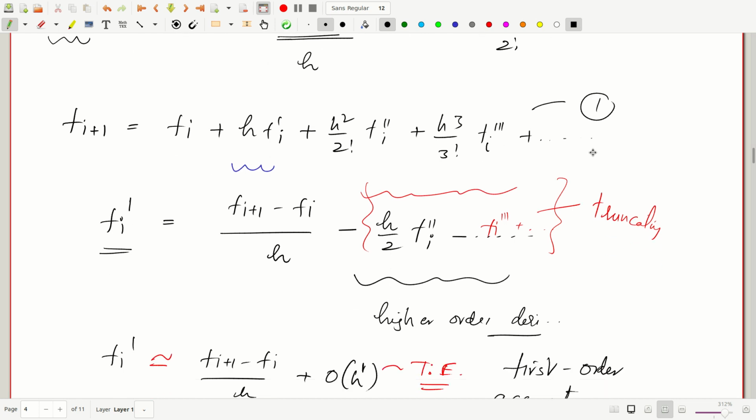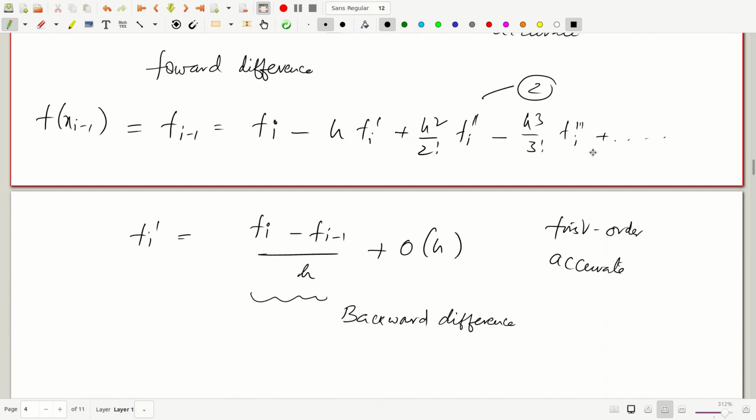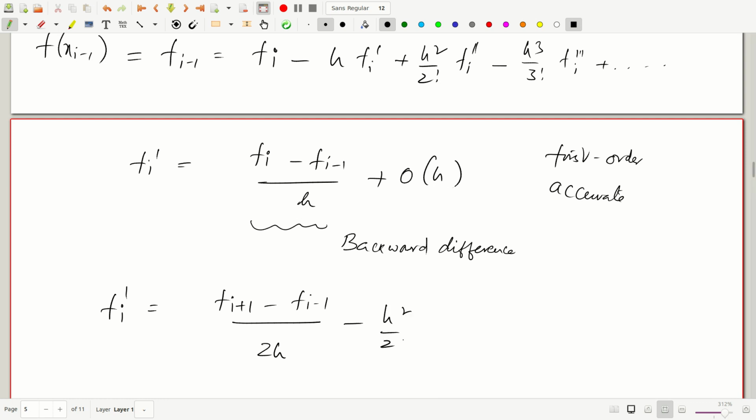By subtracting equation 2 from 1, you can also write an equation for f_i prime in terms of f_{i+1} and f_{i-1}, with a distance of, (f_{i+1} minus f_{i-1}) by 2h. Then the other term gets cancelled, and only this term will remain.